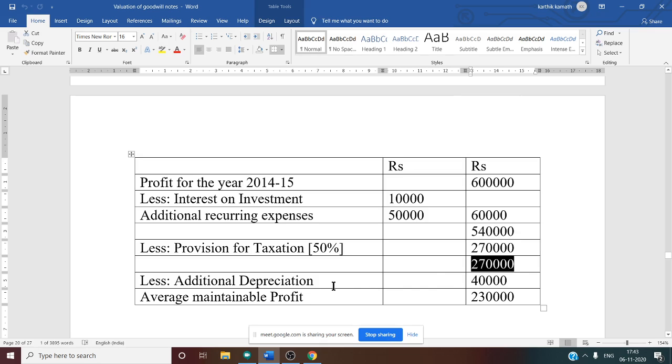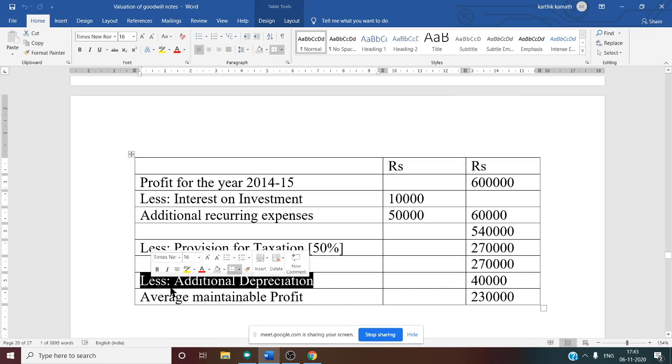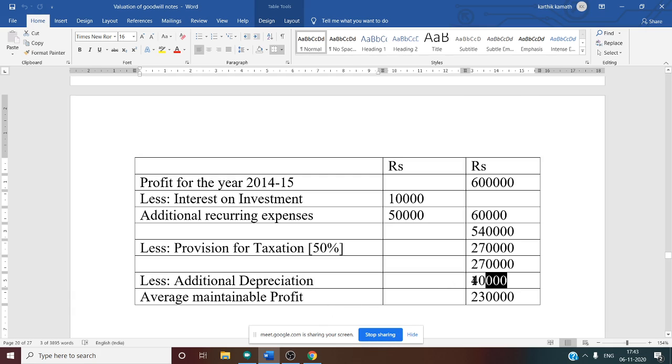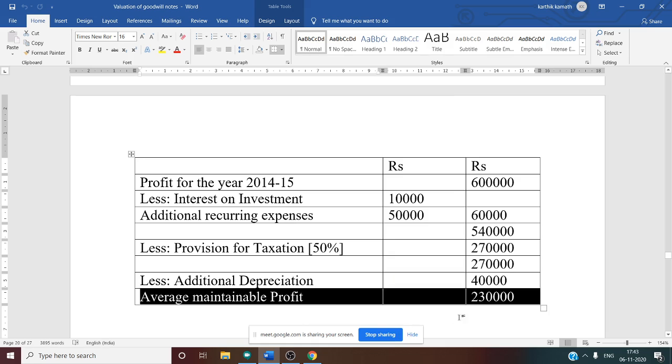Less, after deducting the tax, you are going to deduct additional depreciation. This additional depreciation is given in the adjustment, that is 40,000. That you are going to deduct. So finally you will get average maintainable profit. So what you can say, average maintainable profit is nothing but profit for the year 2014-15 after making all the adjustments.